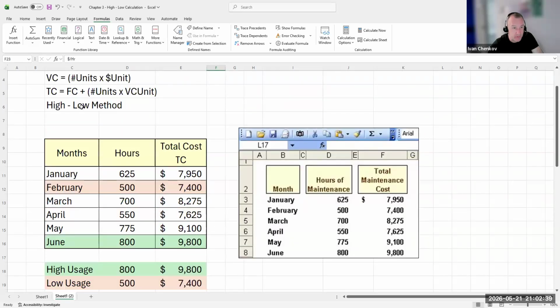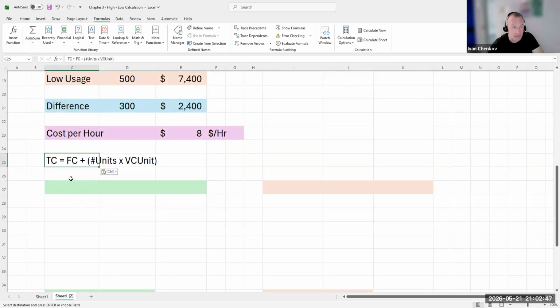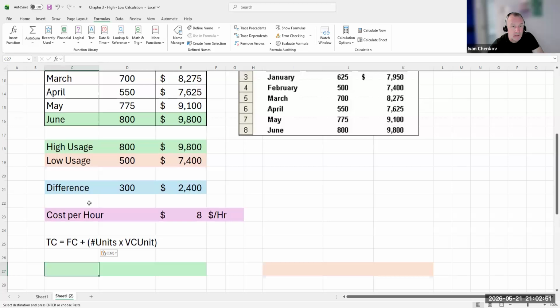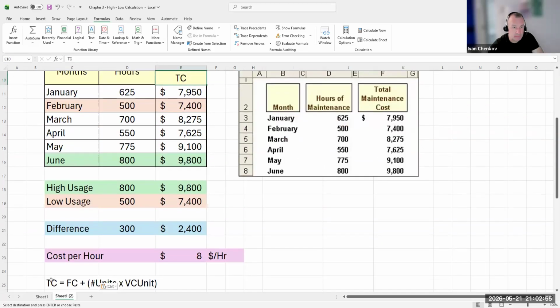Now, when I have this formula, I'm going to move it here. Now, the question is, I have total cost. I have number of units. I have cost per unit. Can I calculate the fixed cost?